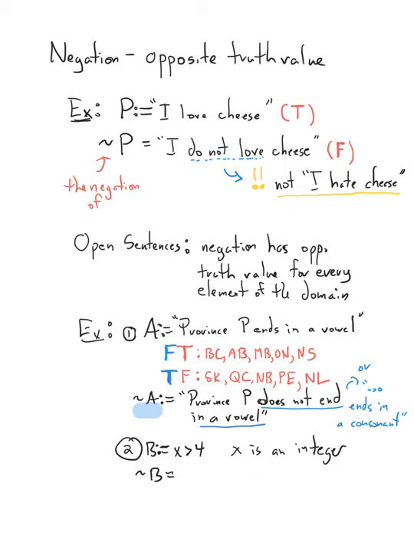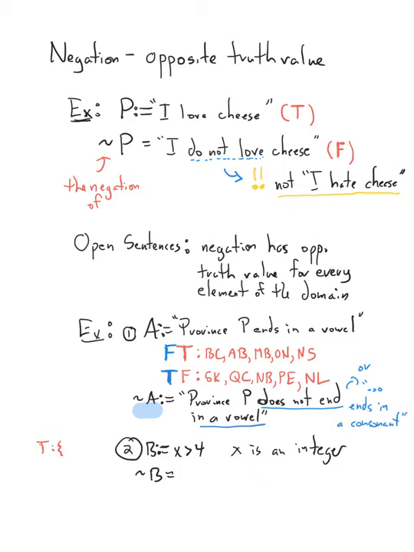Alright, so let's talk about the truth values for B first. B is true when x is, well, 4 is not greater than 4. 4 equals 4, so that's not true.